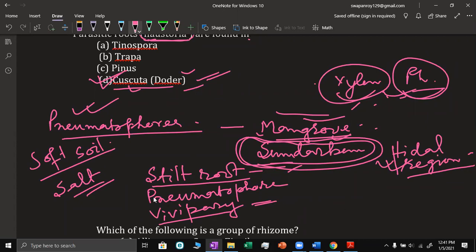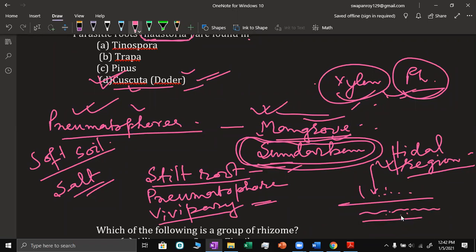Okay, but in this mangrove plant, if the fruit or the seed falls in the soil just where the plant is growing, this soil is highly saline and it is covered by water.